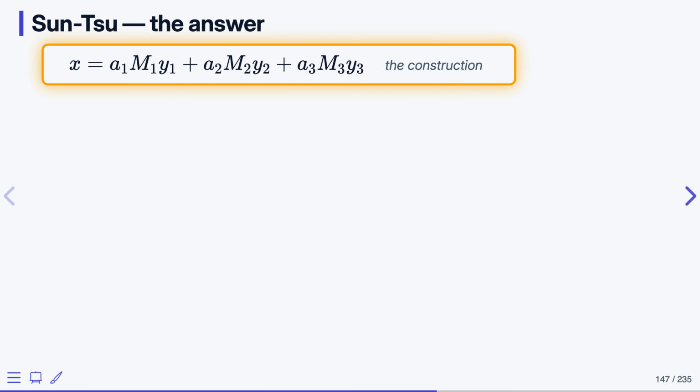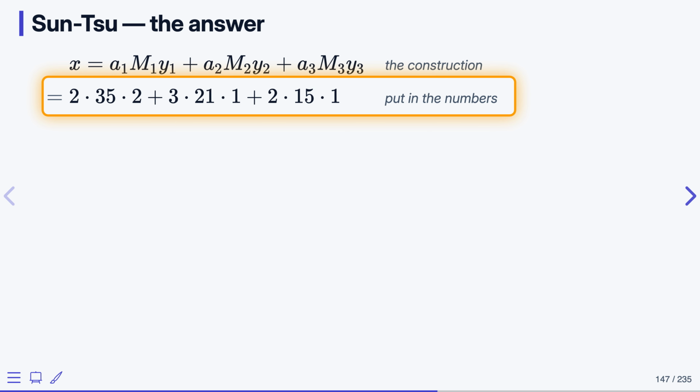Now put it together. Line 0. The construction says x is a1 times big M1 times y1 plus the same shape for the other 2. Step 1. Put in the numbers. 2 times 35 times 2 plus 3 times 21 times 1 plus 2 times 15 times 1.